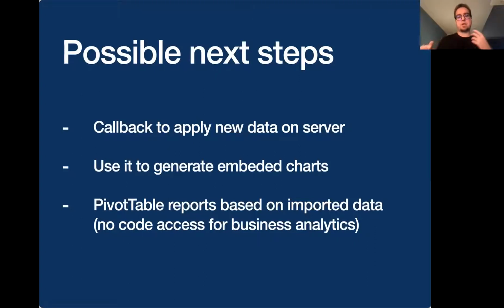The other two options are that Google Sheets allows you to create embedded charts and pivot tables. So you could push the data with GSpread, and then have your business analysis person generate charts and pivot tables on their own, make them exportable, and then potentially embed those iframes into your organization.